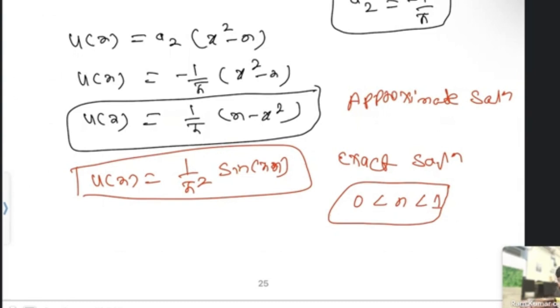I just want to plot both of them, the approximate and exact solution. Then I just want to show you how much difference we are getting between these two solutions.